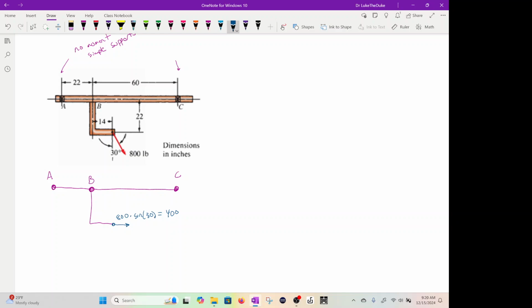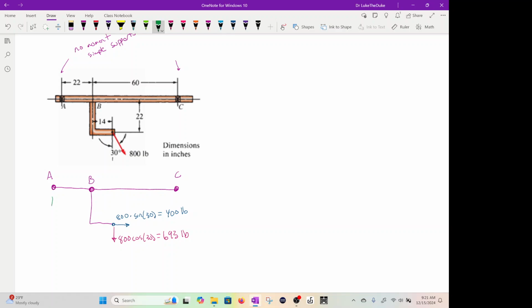Then we have the y direction going downward, which is 800 cosine 30, which is 693. And let's put the pounds on here to be complete.